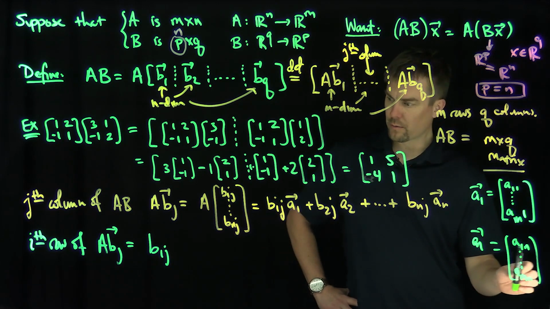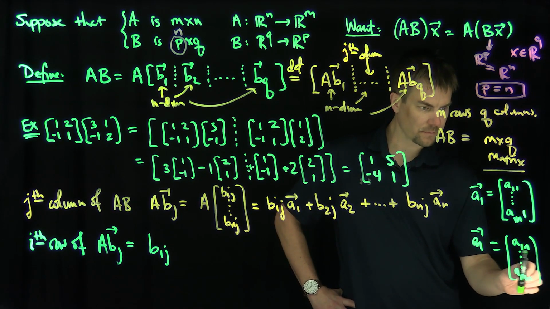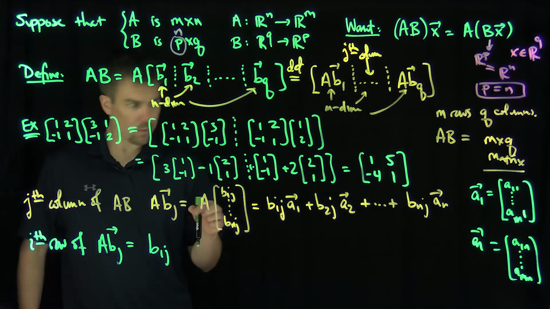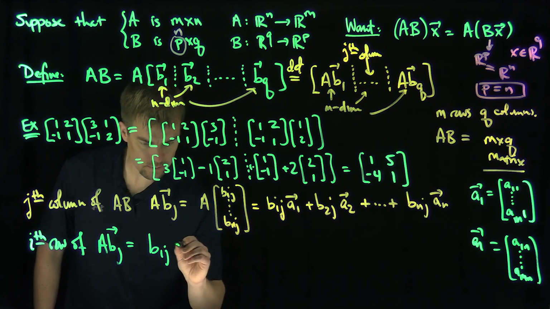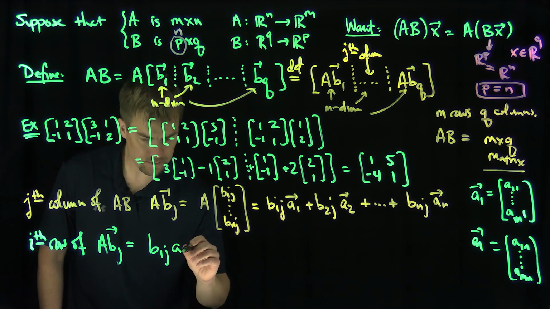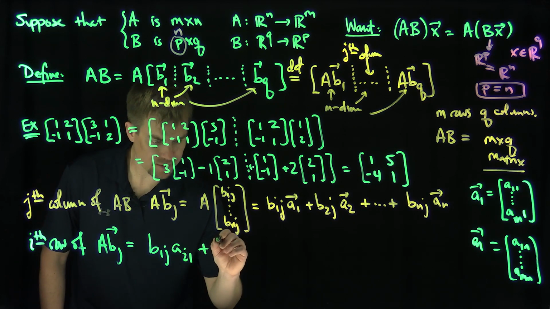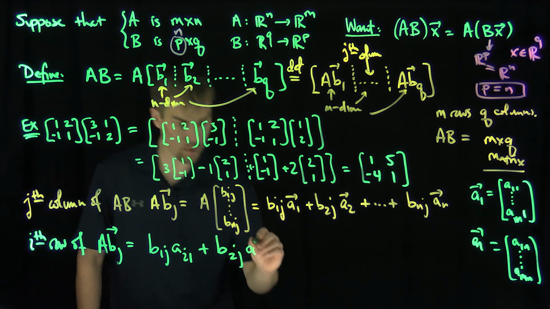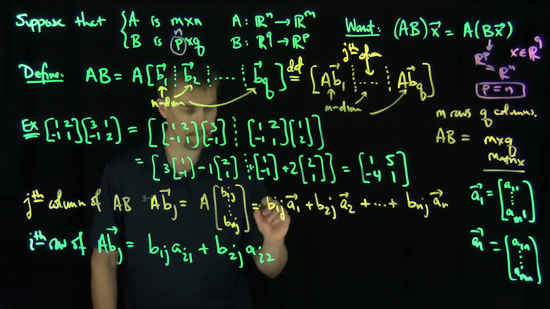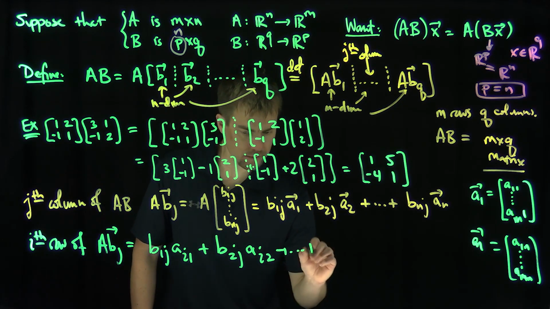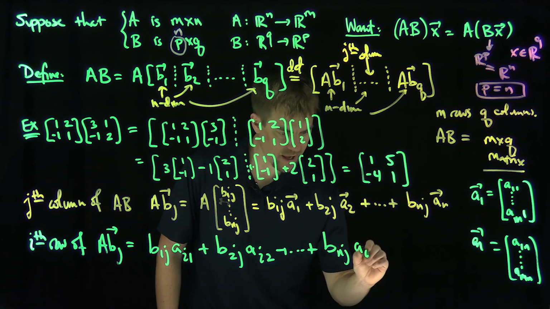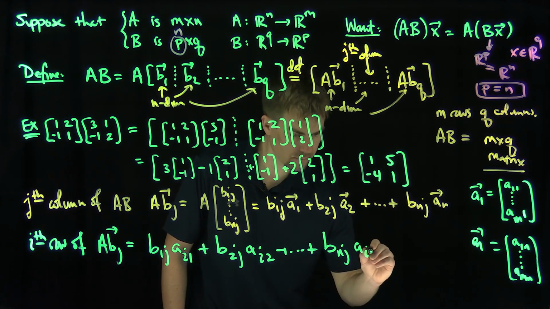So if I look at the row, it's going to correspond to this first entry over here, right? And so we're going to have Ai1 B1j, plus B2j Ai2, all the way down to Bnj Ain.